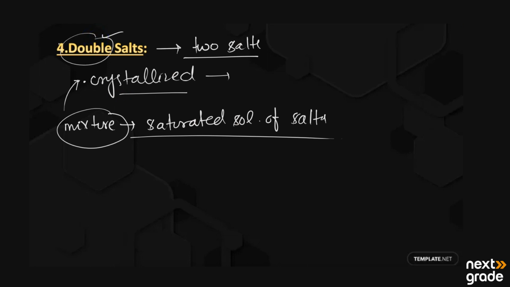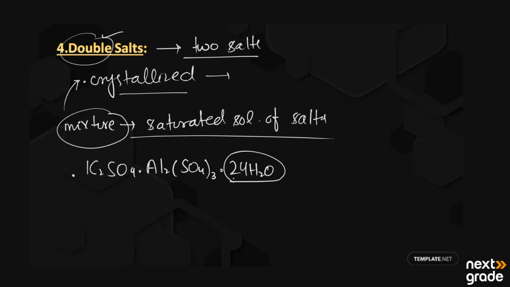For example, we have the double salt K2SO4.Al2(SO4)3.24H2O, where 24 H2O is the water of crystallization. This is the double salt, and its name is potash alum.